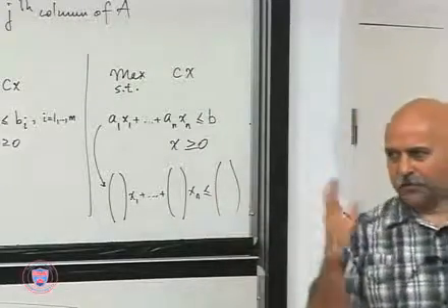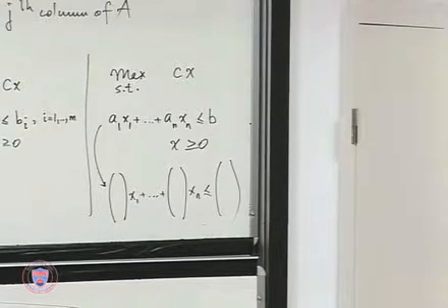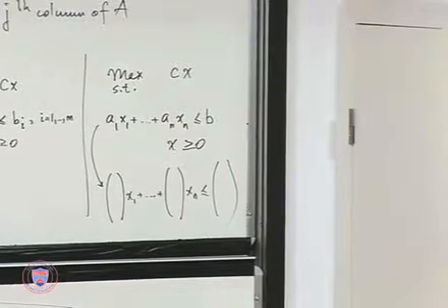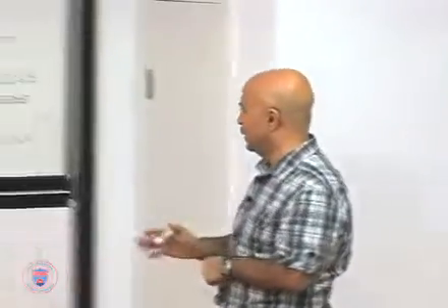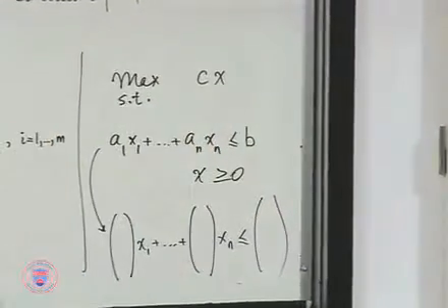That's the picture you should have in mind. Sometimes this comes in real handy for interpreting certain aspects of the problem. For example, there's the column generation aspect of linear programming, which you may or may not have heard. In that case, this column interpretation is really useful. Okay?